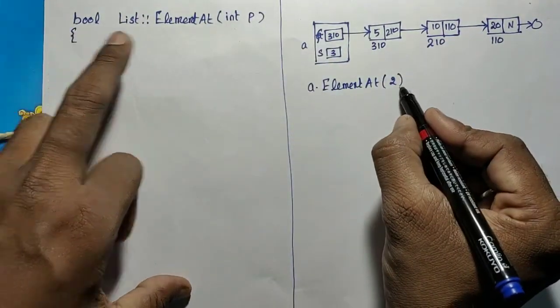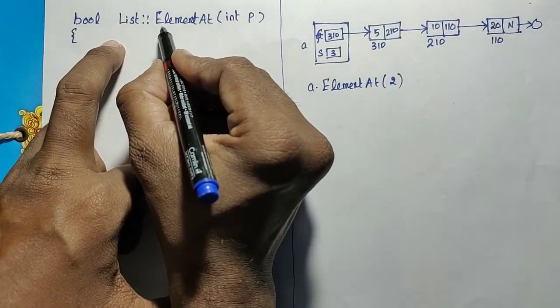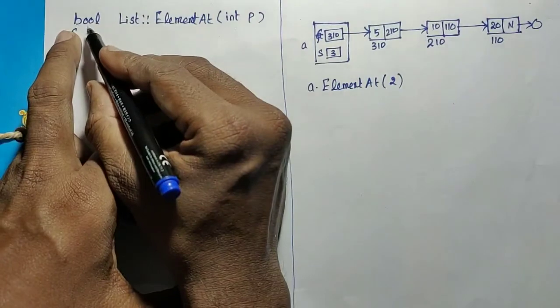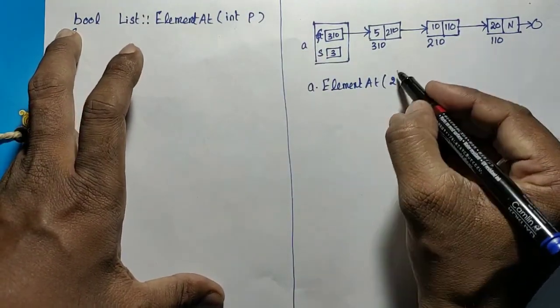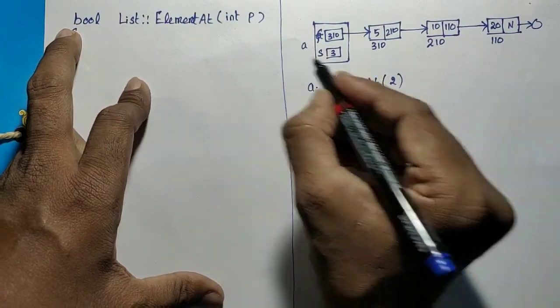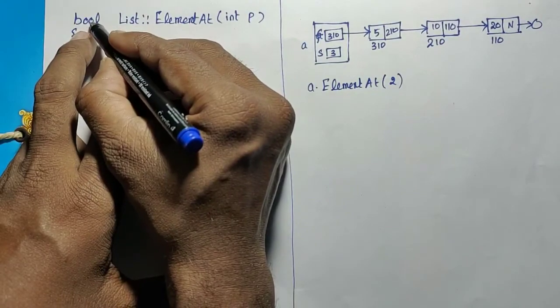But I need the returned value too, so I need to send 2 outputs from element at. One is the bool, the success or failure. Another is the element presented at the given location. So one input is the position and one output is the success or not.